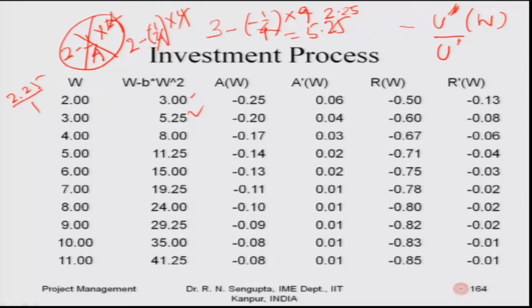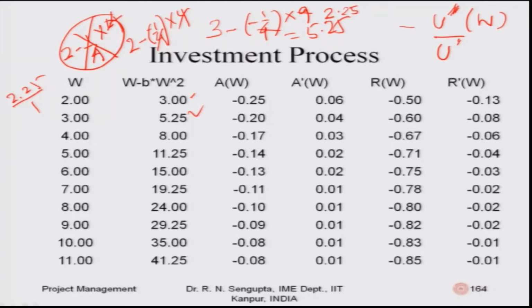So, if I want to find out the value of r for 5, it will be almost minus 0.70, but I have taken 2 or 3 places of decimals, hence it is coming out as minus 0.71. So, all these values are given.